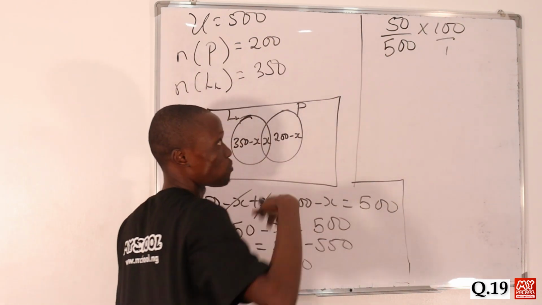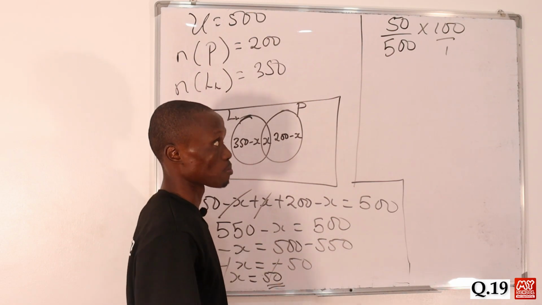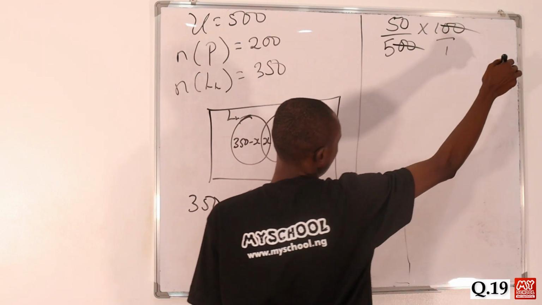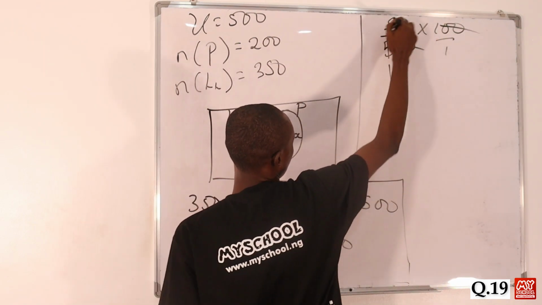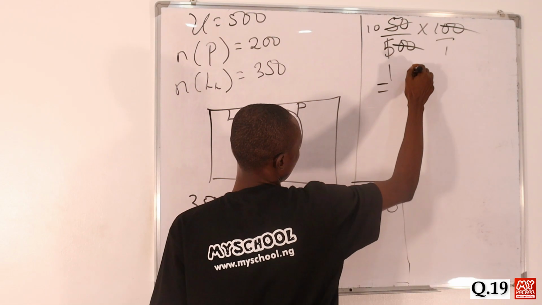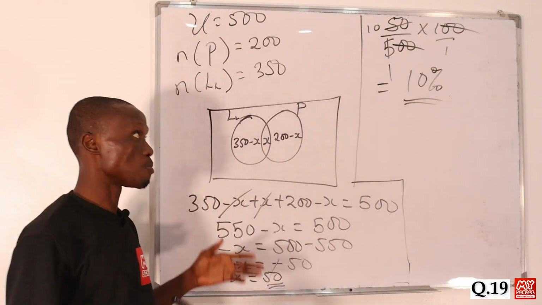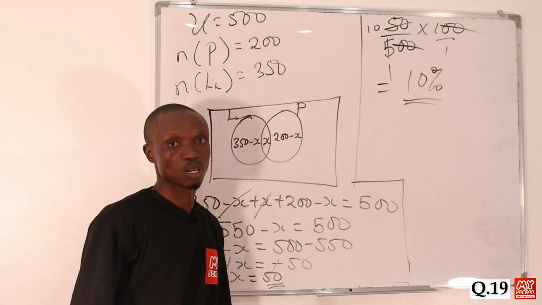Okay, whenever we're converting to percentage, we simply multiply by 100. Okay, so these two zeros, we wipe out these two zeros. 5 here will be 1 and 5 here will be 10. Okay, so at the end of the day, we'll have 10%. Okay, so 10% of the people in the village speak both languages.